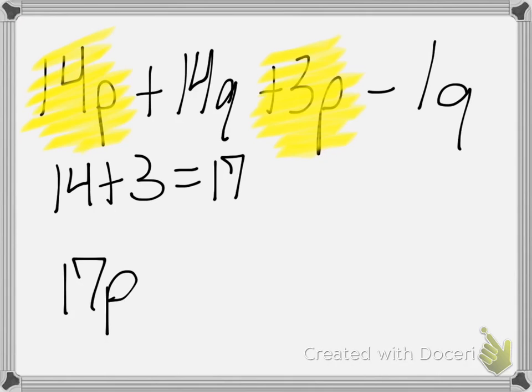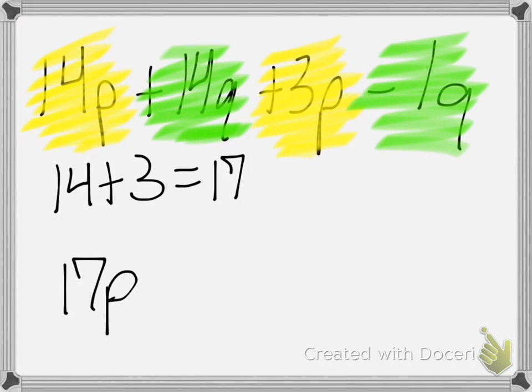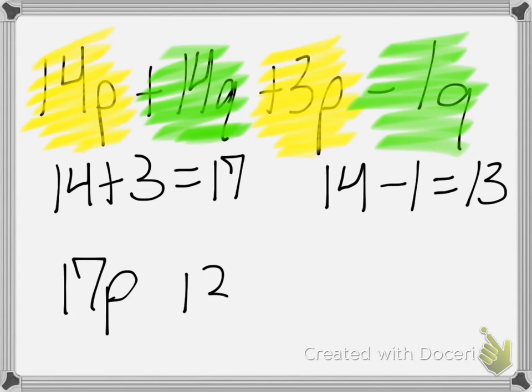Now this is where it gets a little bit trickier for some people, but I've got 14q and negative 1q. So that would be 14 minus 1. That would give me 13q. Now the tricky part here is that a lot of people get stuck on, well, what do I do with those two numbers? Do I times them? Do I divide them?